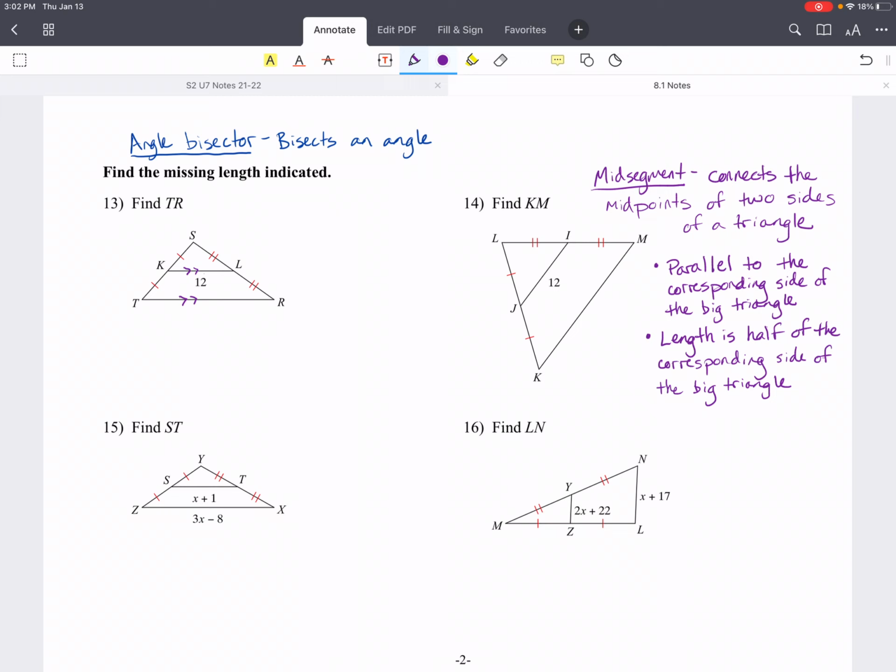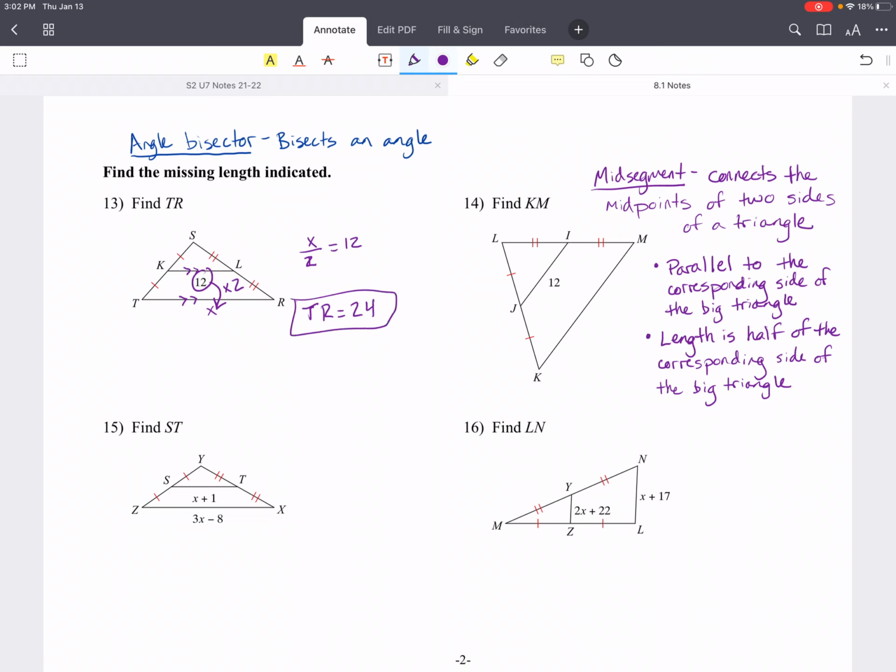So right now KL is 12, which is half of this. So it's like x over 2 equals 12. So really I just know if I'm going out, we're just going to times it by 2. And we get TR is 24.